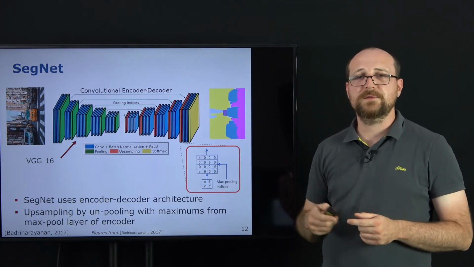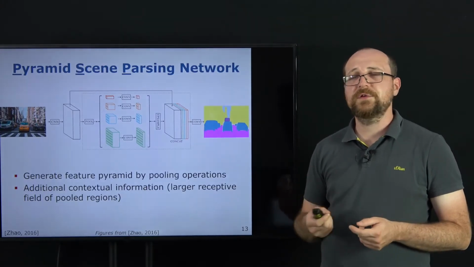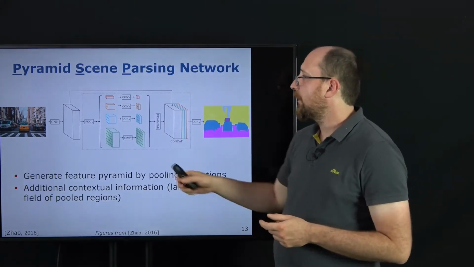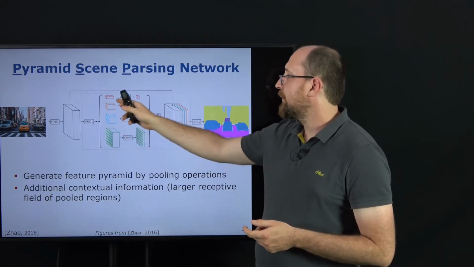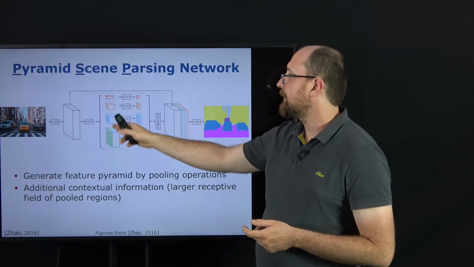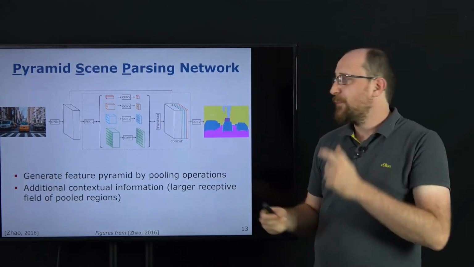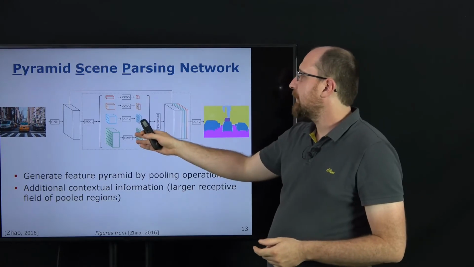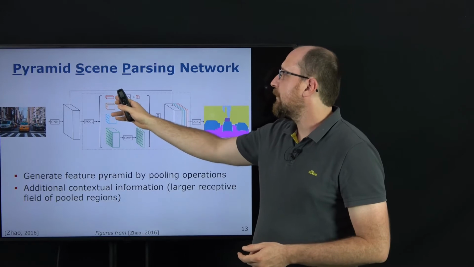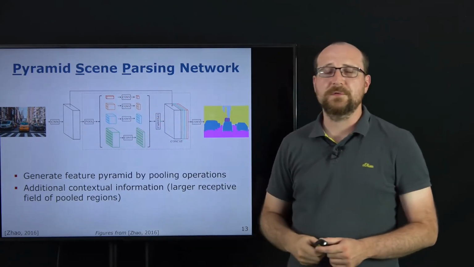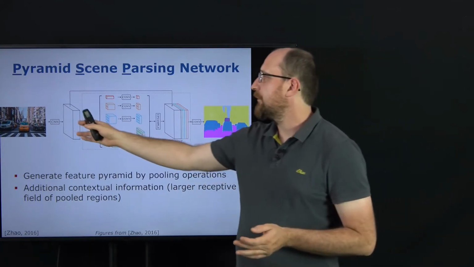In the case of the so-called pyramid scene parsing network, this was achieved by using different pooling operations on the final feature map that give us reduced feature maps. On top of this, we can apply convolutions, and as the convolution is now taking these pooled features into account, it can basically see much more of the original feature map.